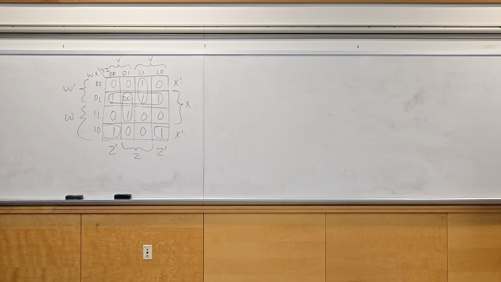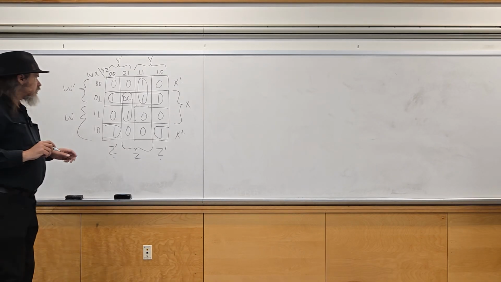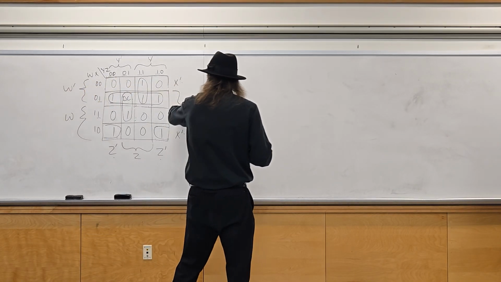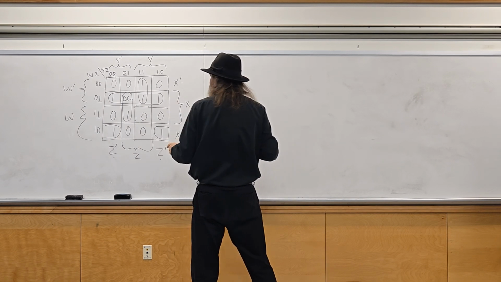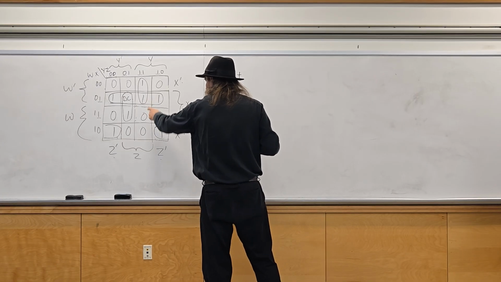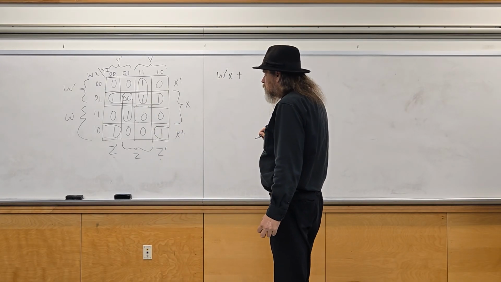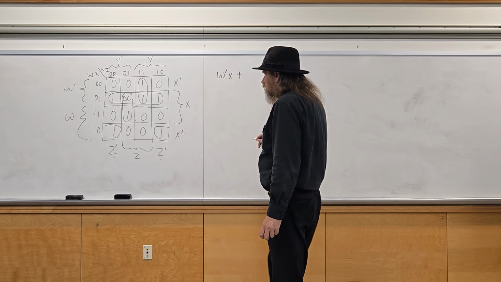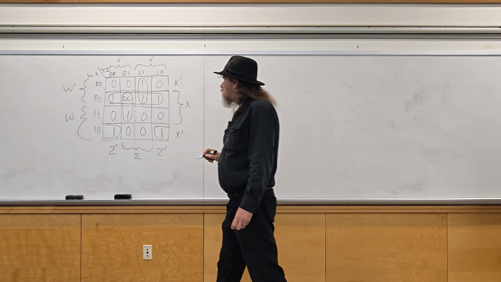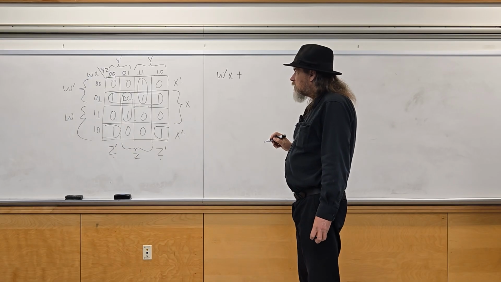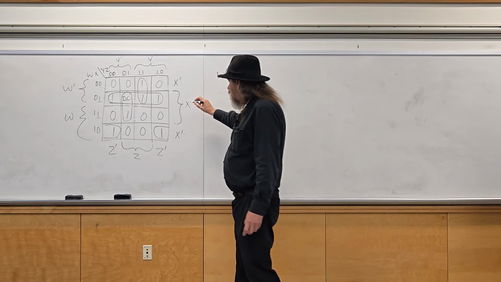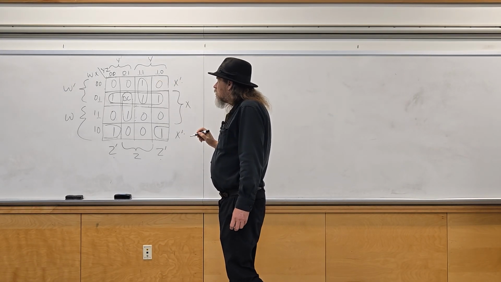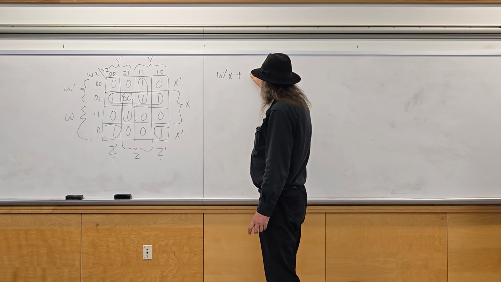So here you have x y, or w prime x, and what's this term here? No, x doesn't matter. It's x and x prime. So w prime y z, yeah.